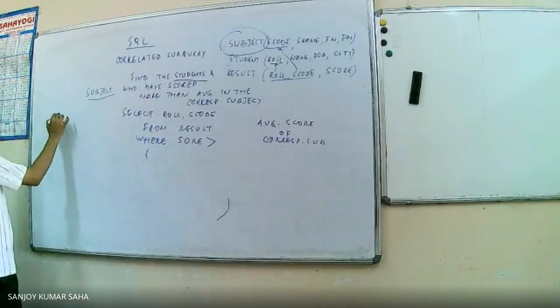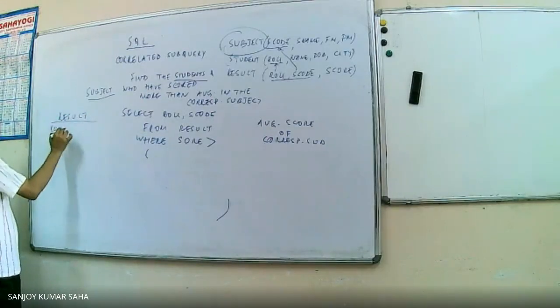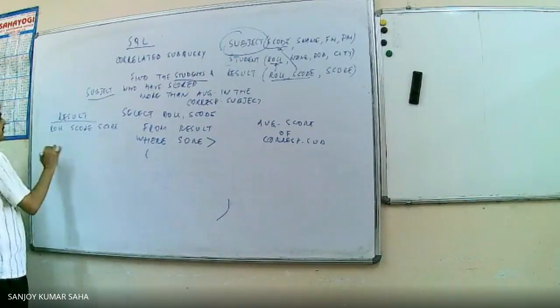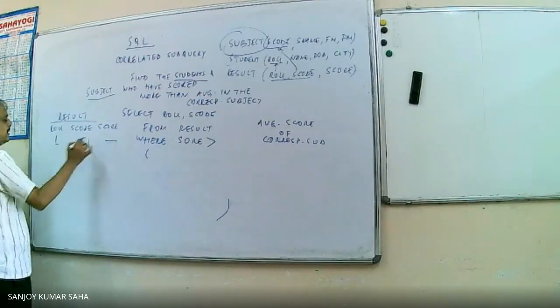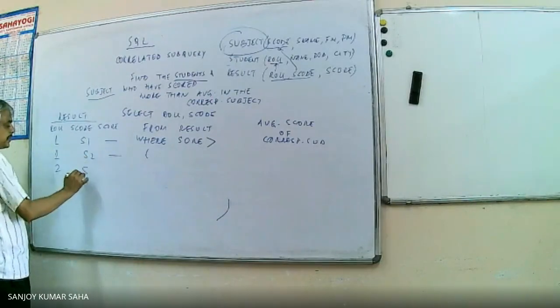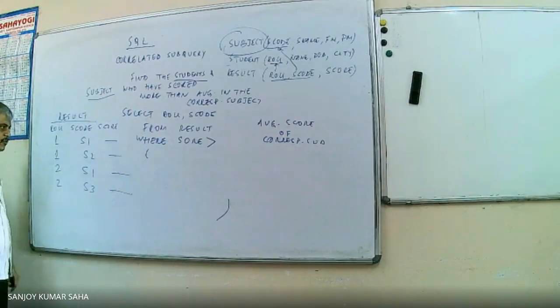Suppose in the result table, we have the tables like these. Say roll, subject code, score. Roll 1, subject code S1, there is some score. Roll 1, subject 2, some score. Roll 2, subject 1. Roll 2, subject 3, some score, like that.